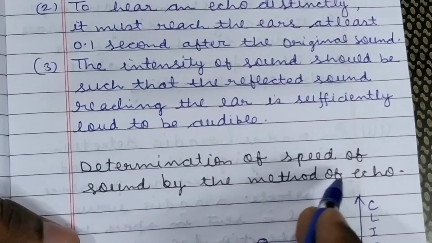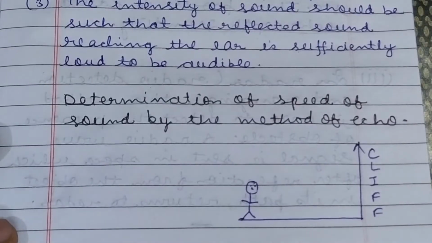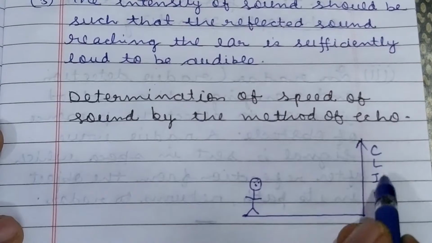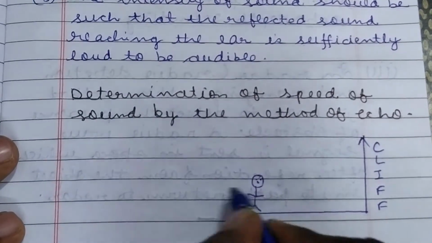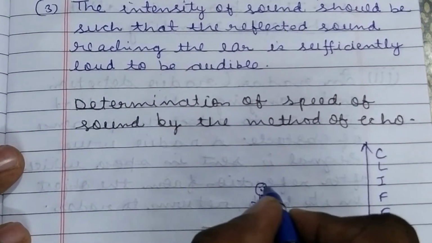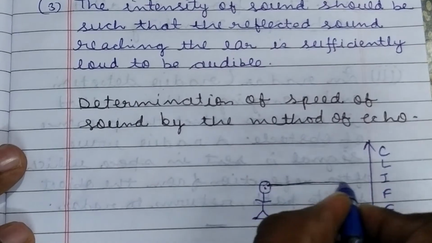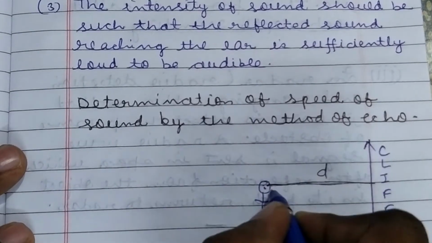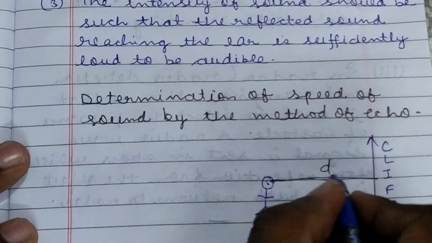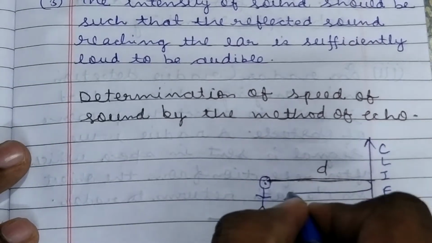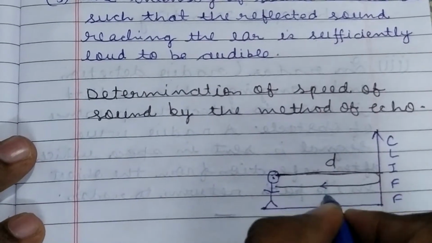Next, how will you determine the speed of sound by the method of echo? Suppose there is a cliff and a person speaking loudly. Suppose the sound produced by this man travels a distance d from the person to the cliff, then this sound will reflect back towards the sound source, the man, again traveling the same distance d.